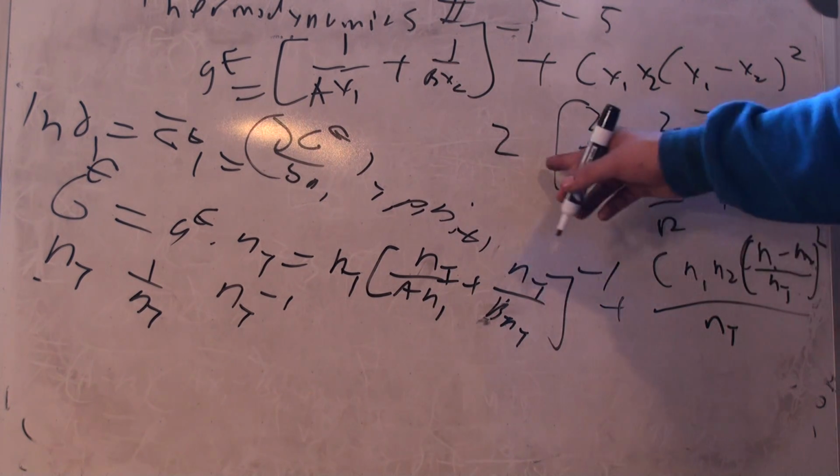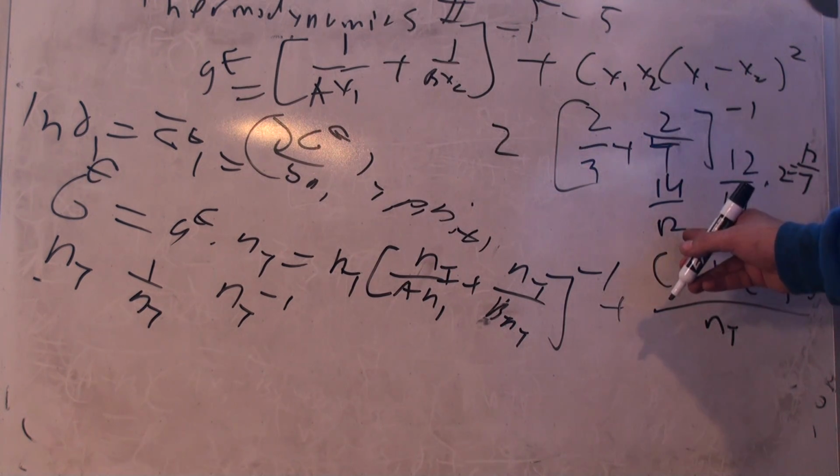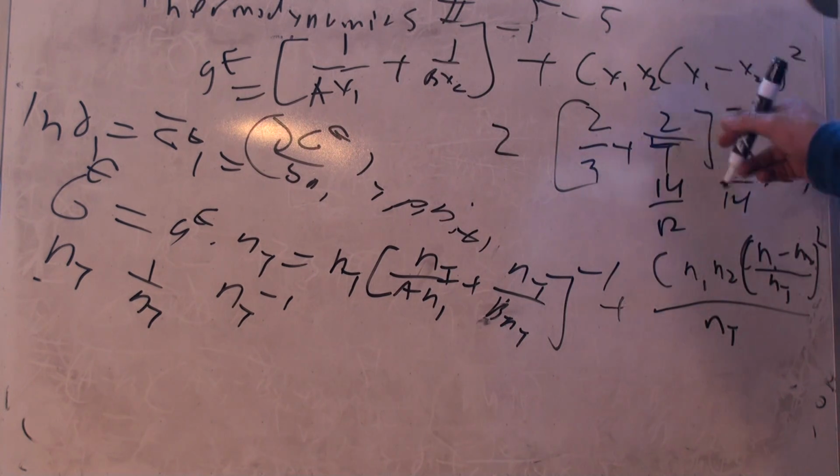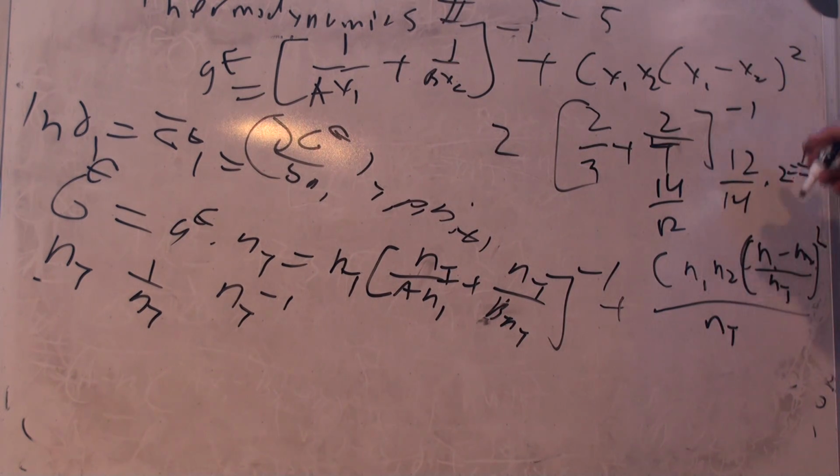So 14 over 12, inverted is 12 over 14, multiplied by 2 gives 12 over 7. I re-inverse it to see what it is if it was still inversed, and I get 7/12.